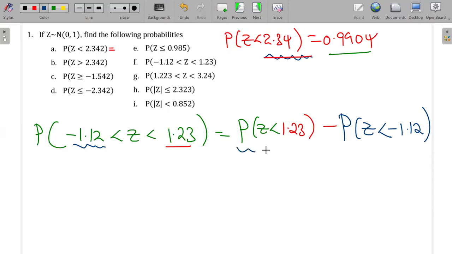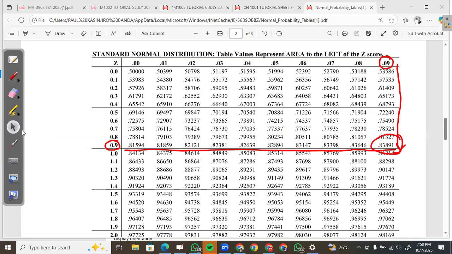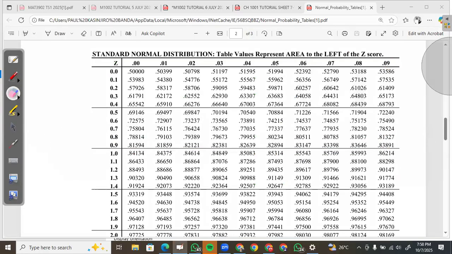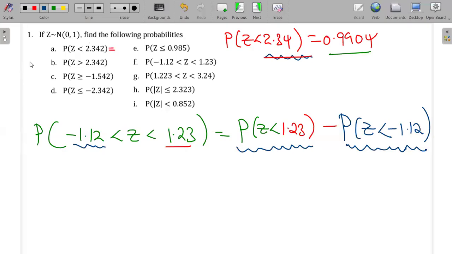Just go to the positive Z score table and get this value. So 1.23: we get it from the positive Z score table, with 1.2 in the first column and 0.03 in the first row.